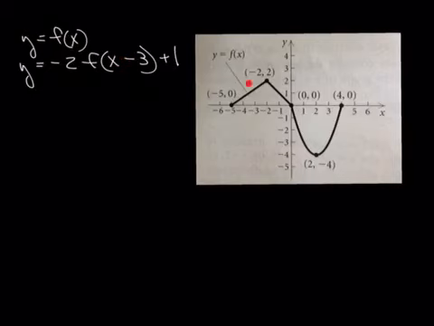Minus 3 means this whole thing is going to shift 3 to the right. So everything is going to shift. The x values are all going to go up 3. So this 2 here is going to change to a 5. This 0 here is going to change to a 3.